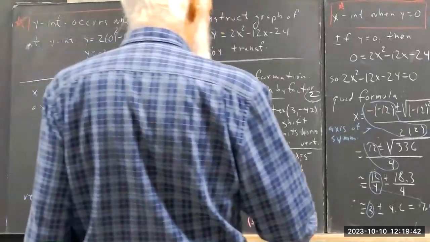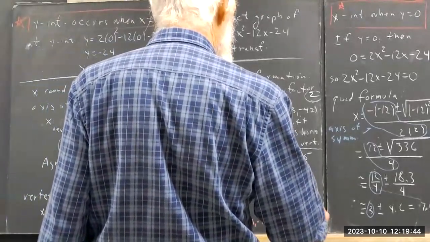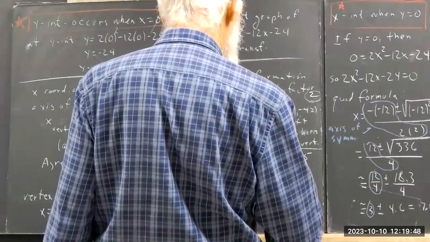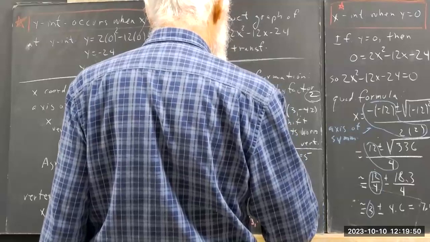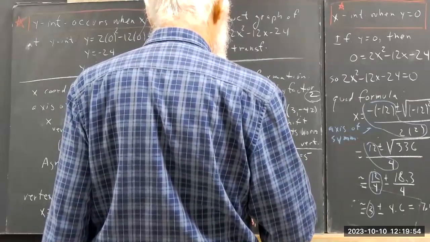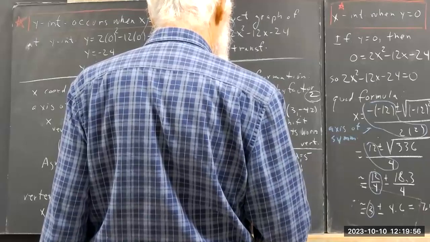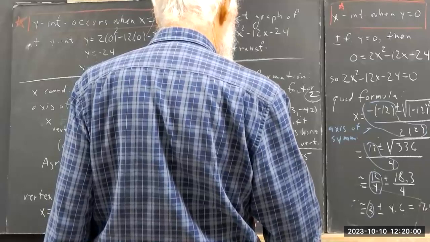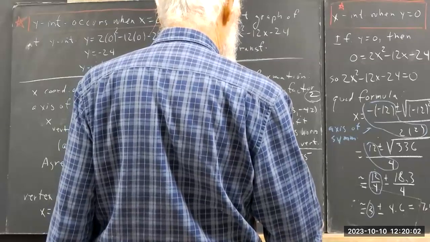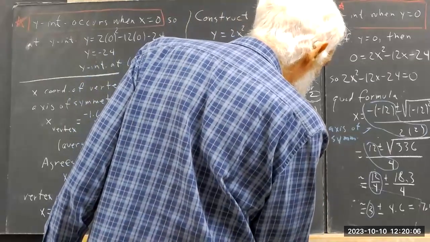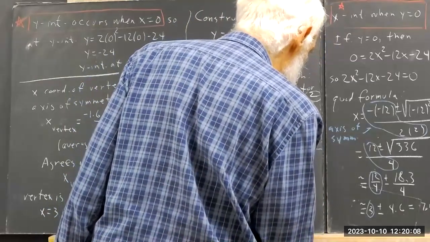So now I could sketch my parabola. I have a point here, a point down here, and a point here, and a point here, and a point here.